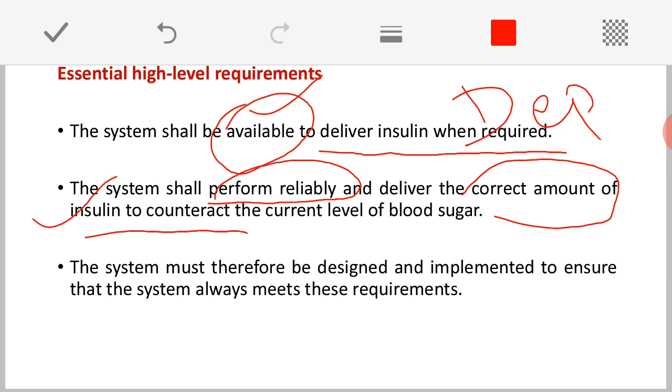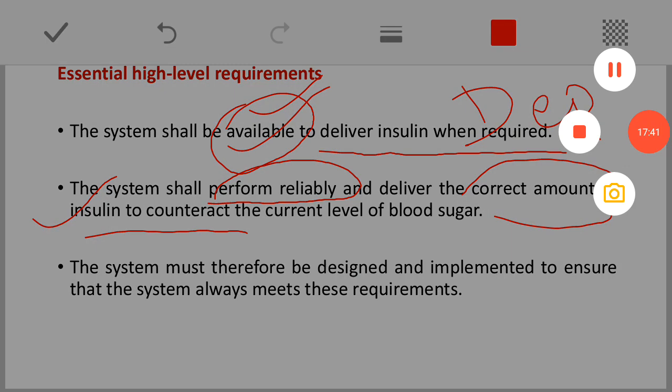That is why the system should always be available, and the system should always be reliable. These two are the most important high level requirements for our system. Hence the system must be implemented to ensure that it always meets these requirements. These are the two essential requirements that this embedded system has to meet. Hope all of you have understood this. Thank you.